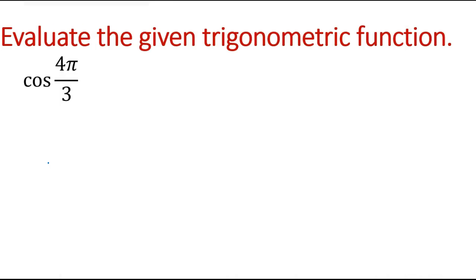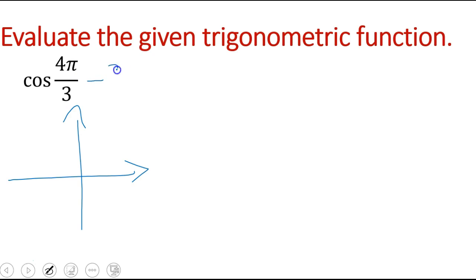Okay, let's look at another one. This is cosine, evaluate cosine 4 pi over 3. Again, we can find the quadrant where it is. So we can take out 3 pi over 3, which will be 1 pi, and we are left with just pi over 3.